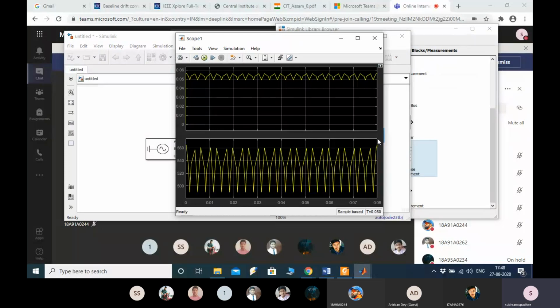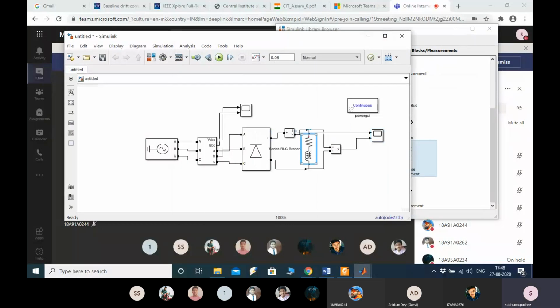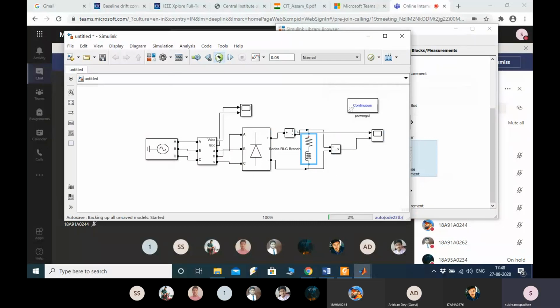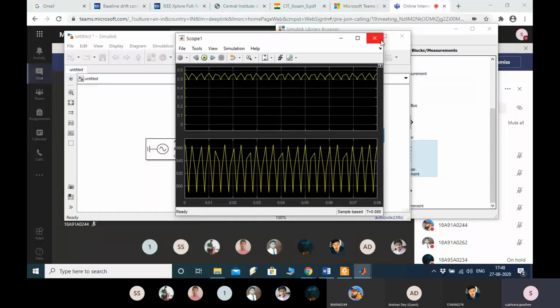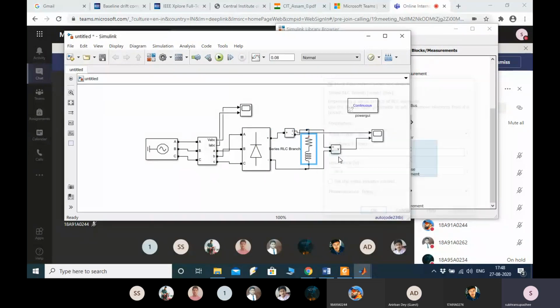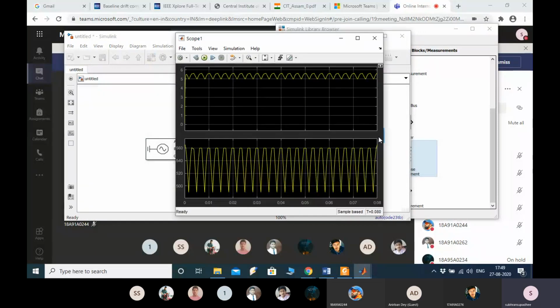Okay. Still it is not smoothened out. Just a normal 100 ohms, it will do.